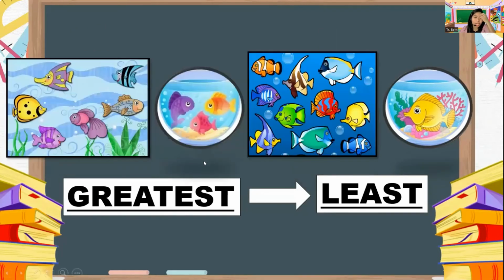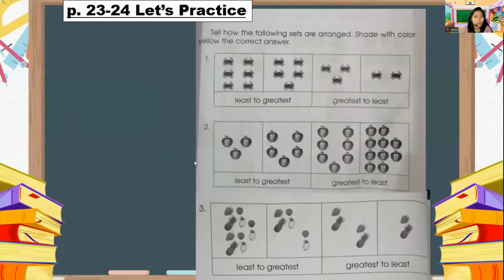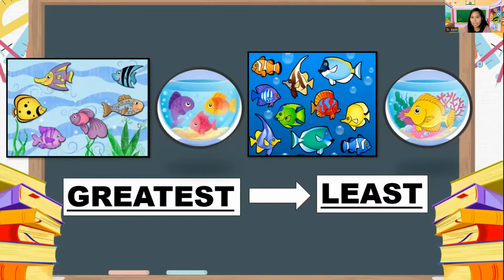All right, so this time, I think this one is the last one. I want you to arrange the fish from greatest to smallest. What word will be formed if we are going to arrange the sets here from greatest to least?